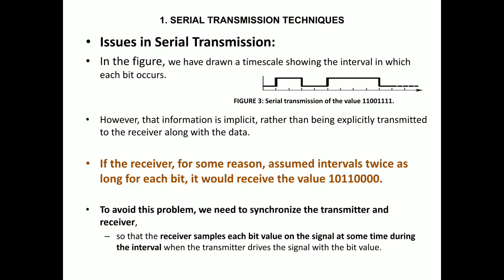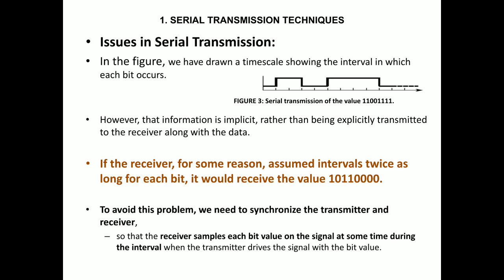In simple terms, the transmitter should send the data for a particular time interval, and it should wait for a particular interval till that data is received at the receiver end. After the receiver receives it within that time interval, the transmitter should begin transmission again.